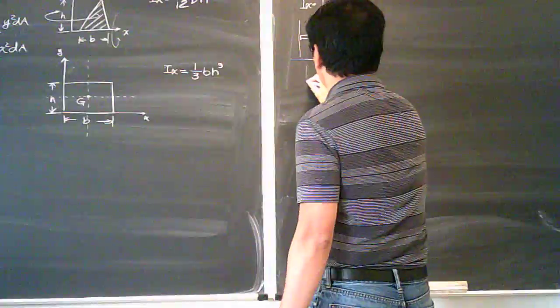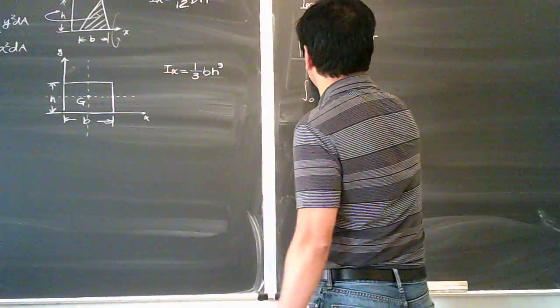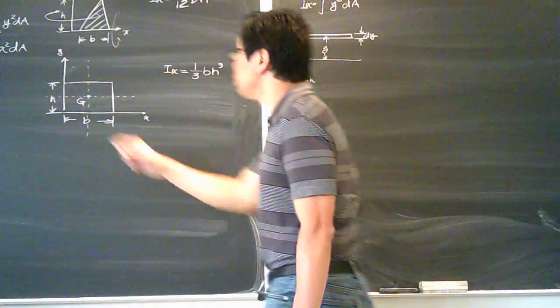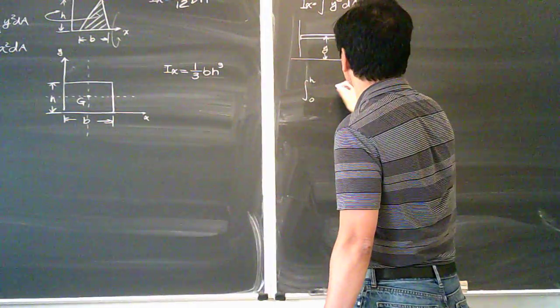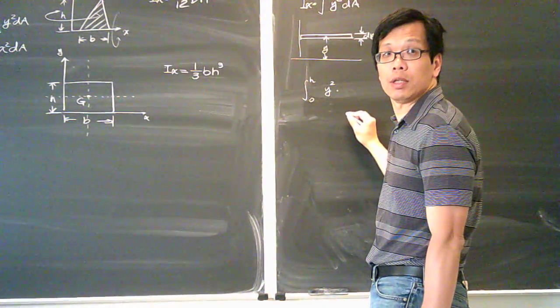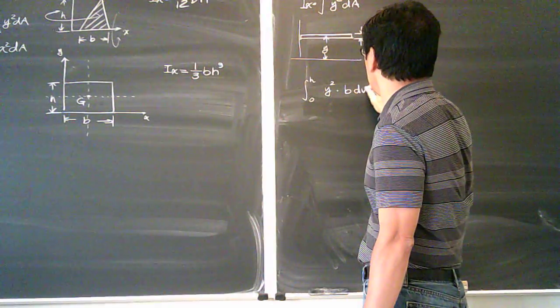So when you do the integration, you're going from 0 to h, because I'm integrating in terms of h, and my area, then y squared multiplied by my area. What is my area?